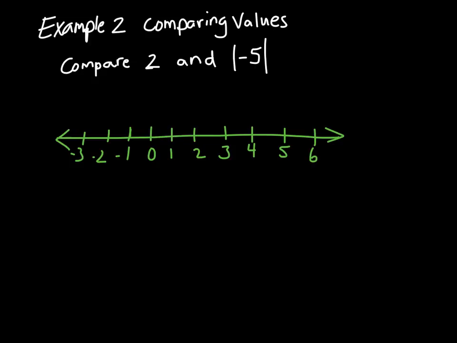So we graph 2 on our number line, and then we're going to graph the absolute value of -5, which happens to be 5 on a number line. So what we can realize is that 2 is to the left of the absolute value of -5. So your answer would be 2 is less than the absolute value of -5.